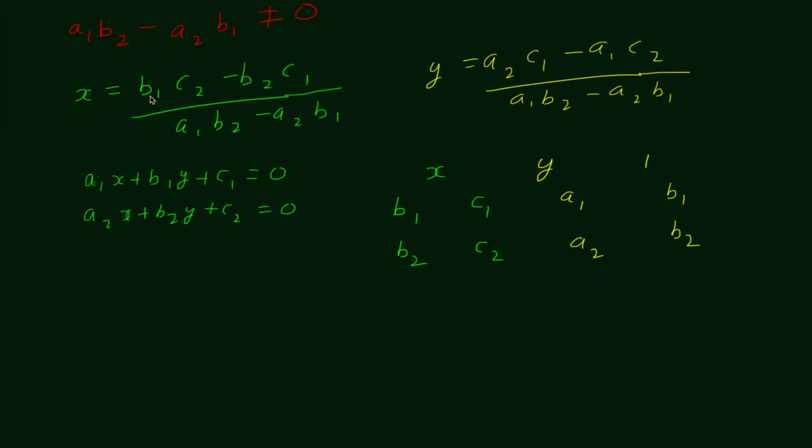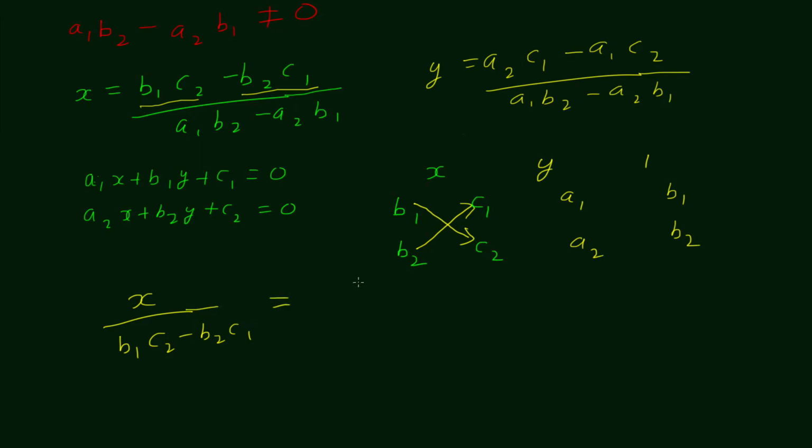If you make an observation, the way you write this equation is you multiply these two terms, b1 c2 minus b2 c1. So that we have the term for x divided by b1 c2 minus b2 c1.